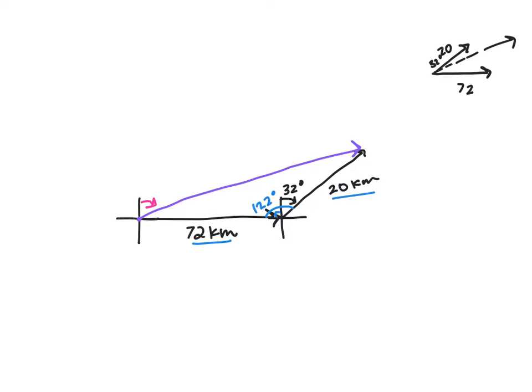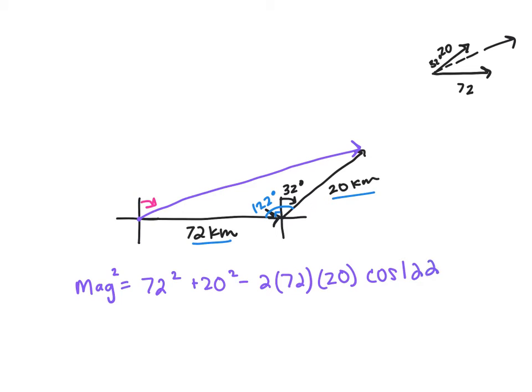So we know our magnitude then. We'll use the law of cosines, so magnitude squared will be 72 squared plus 20 squared minus 2, 72, 20, cosine 122. So let's type that in a calculator.